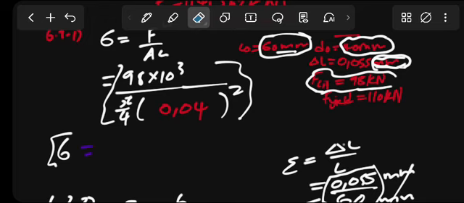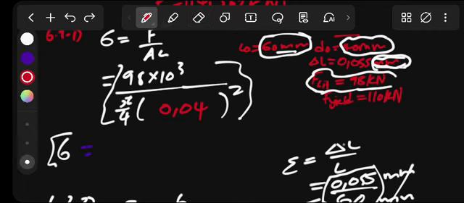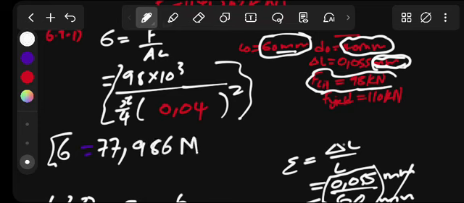You see now, now we're talking, this stress will simply equal 77.986, which is in megapascal.